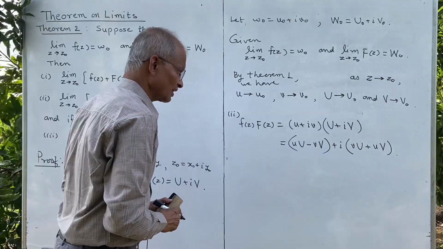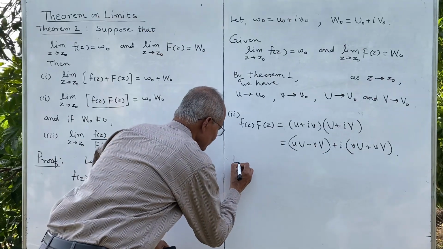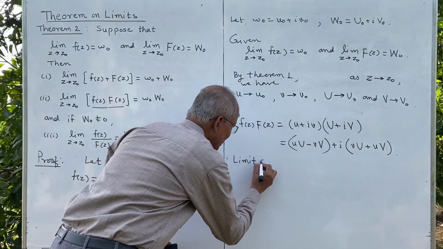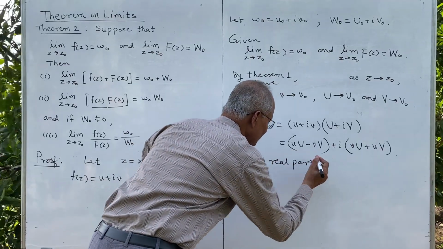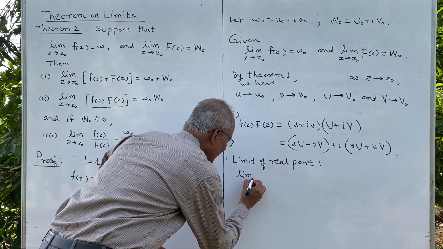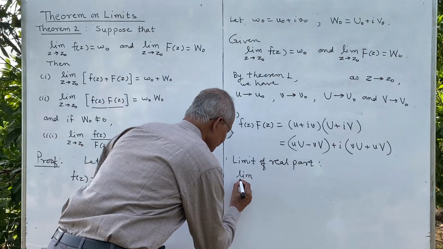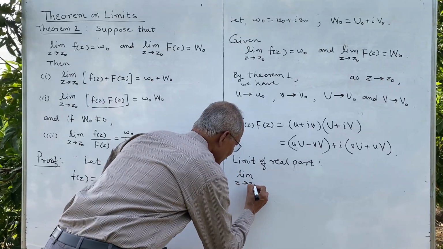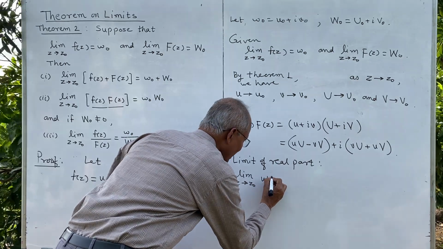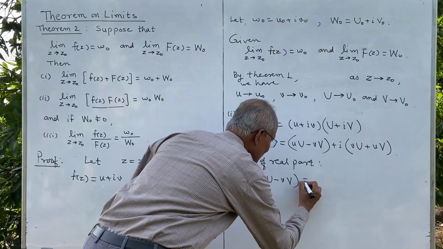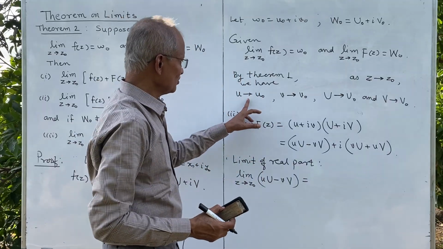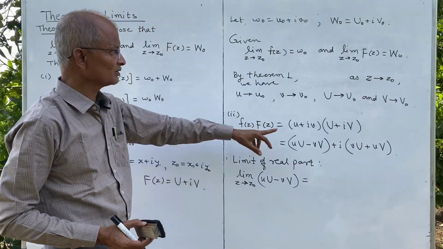So the limit of the real part, this is the limit as z tends to z naught of u into capital U minus v into capital V, and this is equal to, as we have written, u approaches u naught as z tends to z naught.